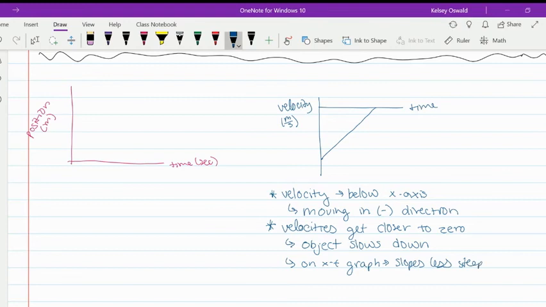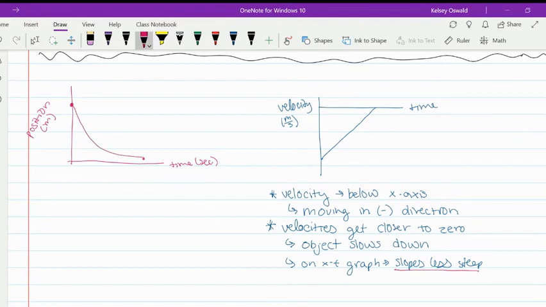We need a way of showing that we're moving in the negative direction, so our ending position is going to be behind our starting position, and that we're slowing down, or our slopes get less steep. So we're going to want to round out this curve so that we end with a horizontal slope, or a velocity of 0.